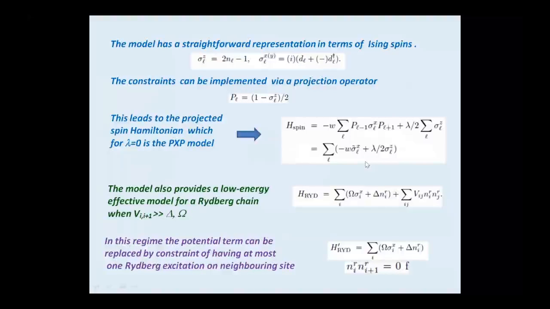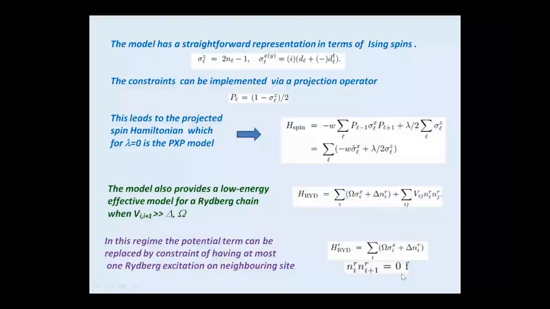Yeah. Okay. So now you see in the dipole model, if I tune my Rydberg dipole interaction such that V_{i+1}, that is the dipole interaction between neighboring sites, is large compared to all other scales in the problem, but V_{i+2} and V_{i+3} are small, then this Rydberg Hamiltonian can be written in terms of a constrained model like this.